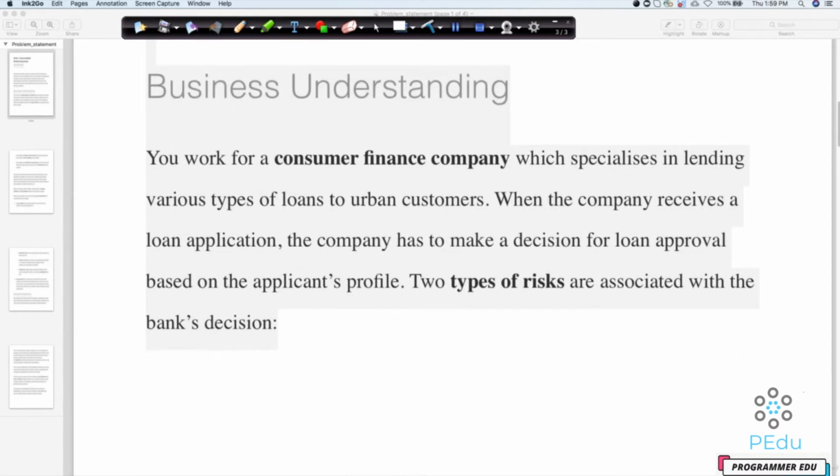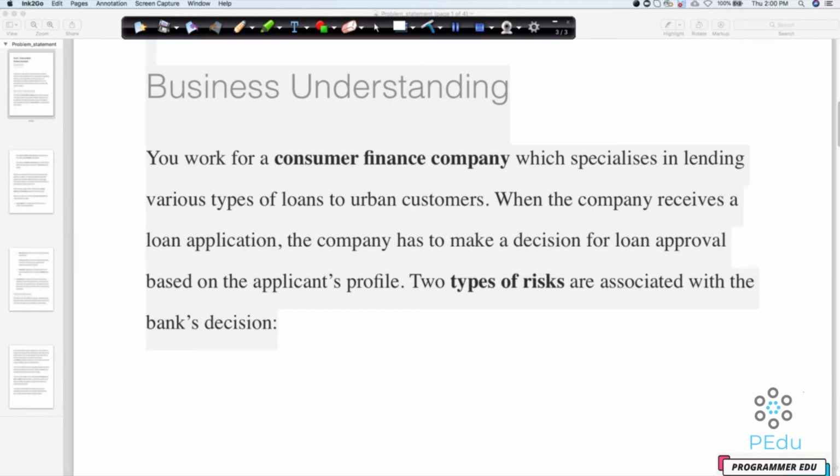So what is the business problem here? Let's say you work for a consumer finance company which specializes in lending various sorts of loans to urban customers. And if I'm not wrong, this data is from 2011 to 2017. When the company receives a loan application, it has to make a decision on loan approval based on the applicant's profile.